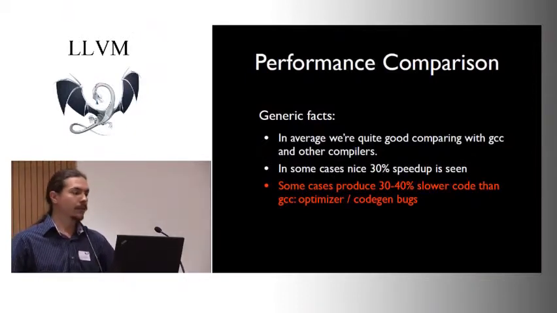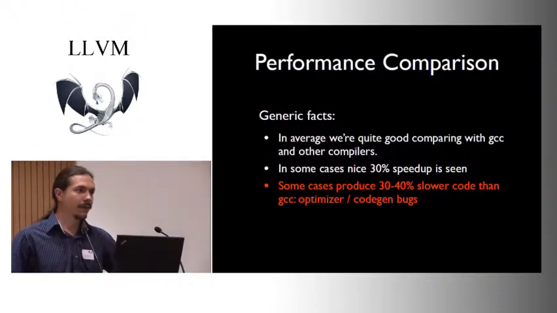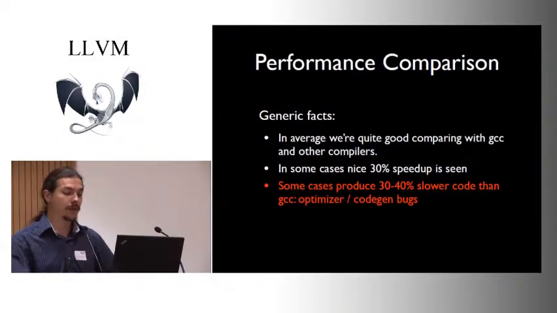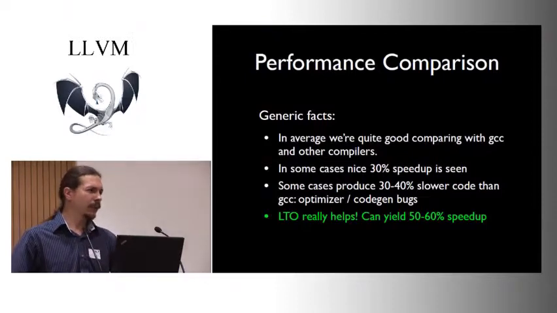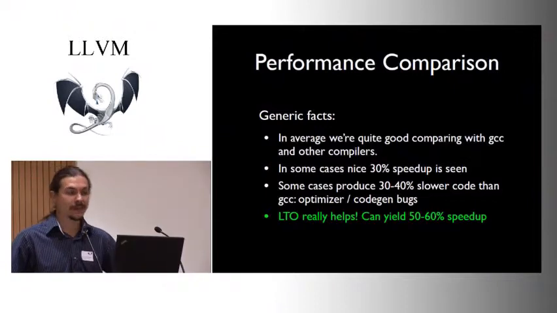These were identified, and I hope that all these issues will be fixed eventually. I should explicitly outline that link time optimization might help performance a lot. I saw that in some cases, link time optimization might provide a nice 50% speedup.